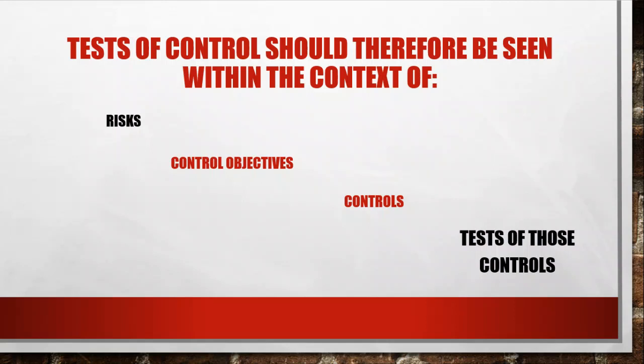Number 1, risk. When we are talking about risk, we are simply considering what could go wrong or what has gone wrong in the systems of control. Let's take for example, we are looking at purchases.